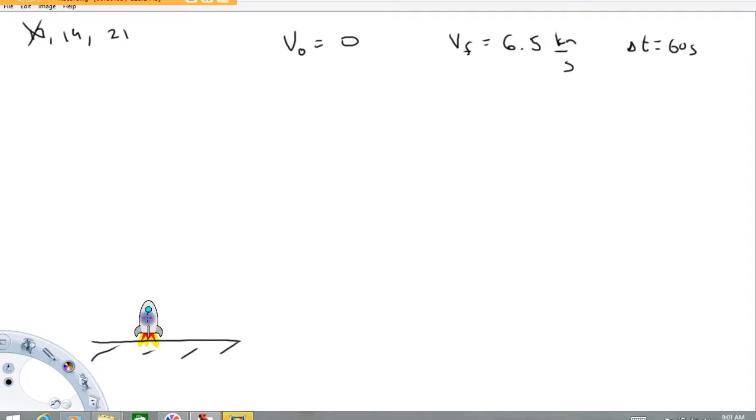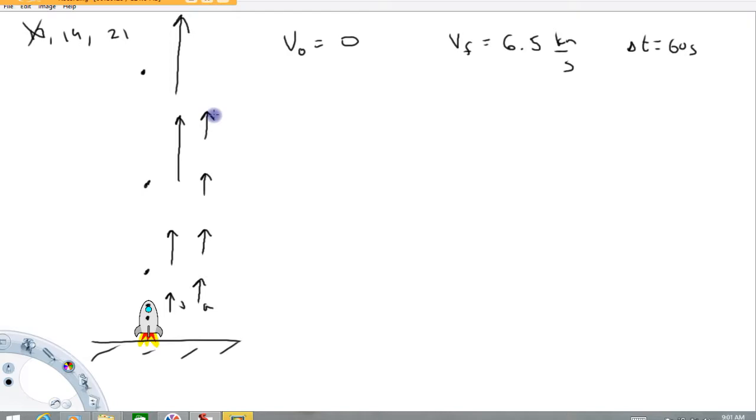This time I'm just going to use the dot to represent the rocket, but this rocket would be speeding up, so the motion diagram is looking something like this. The velocity of the rocket starts out small, but it's going to get bigger with time. Eventually you're going to have a really big velocity. The acceleration of the rocket is this way. I'm going to assume constant acceleration. I don't think it directly says that in the problem, but it's a very common assumption to make.